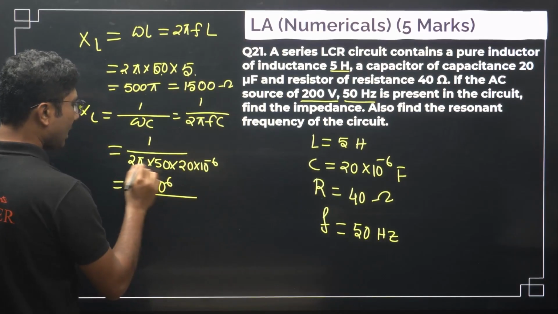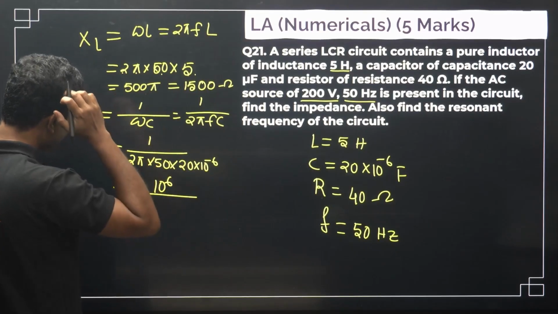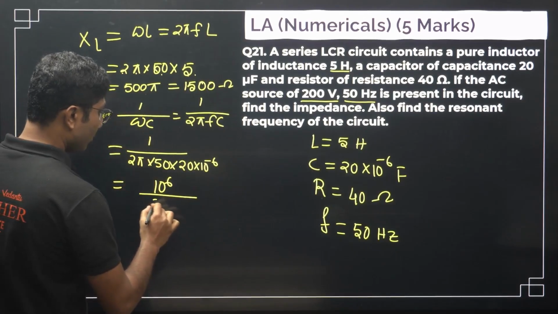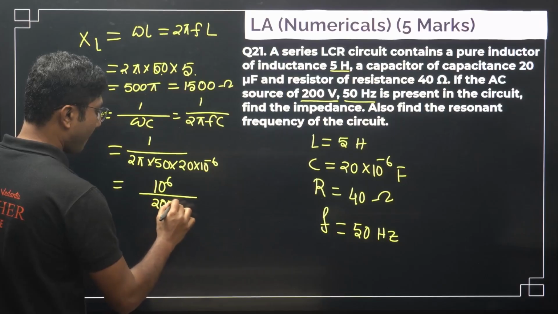Here it will be 100 into 20, that is 2000 pi.